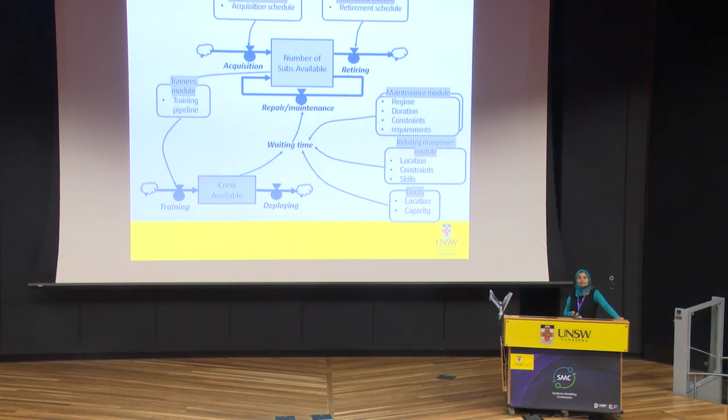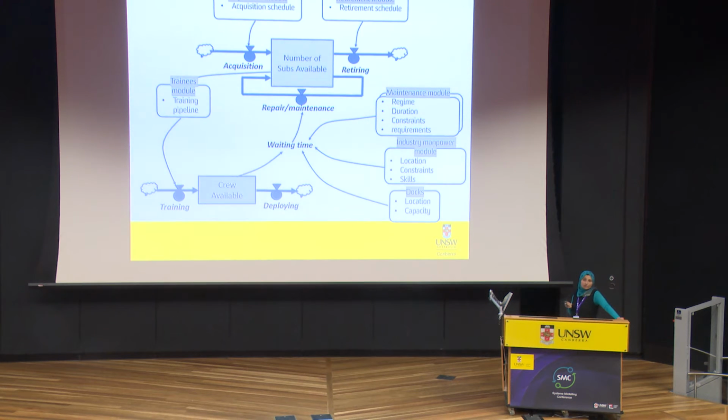There is also other mechanisms which influence the subs, things like the maintenance, which take the subs offline, and then when it is finished, it brings it back online. This is the feedback loop here. And in our modeling toolbox, we have a number of maintenance modules. Why a number? Because there are different maintenance types, different starting conditions, ending conditions, effects.